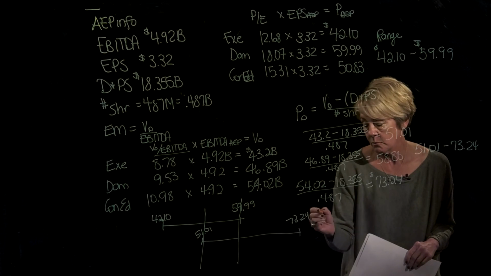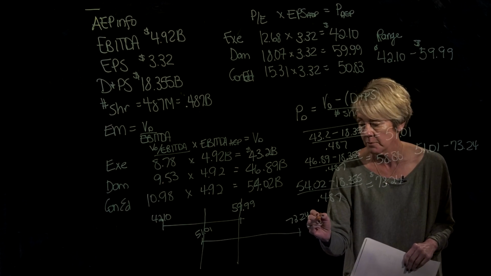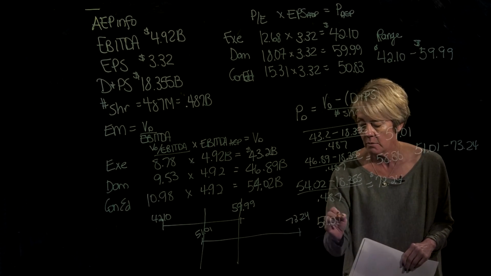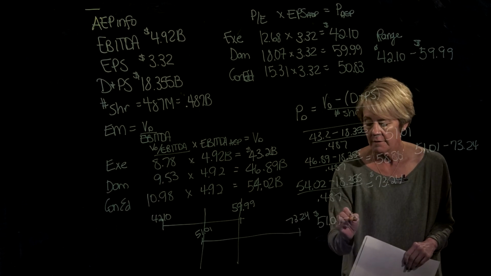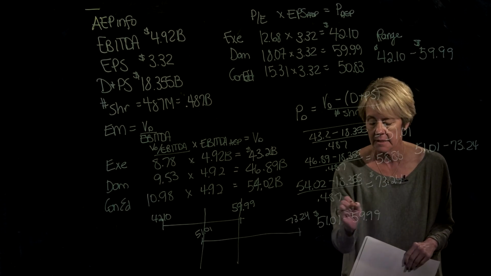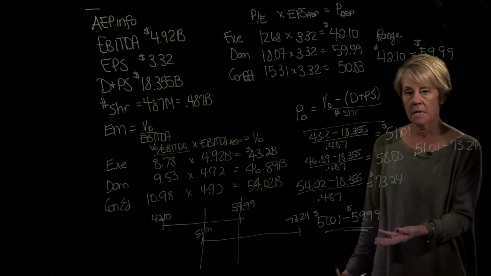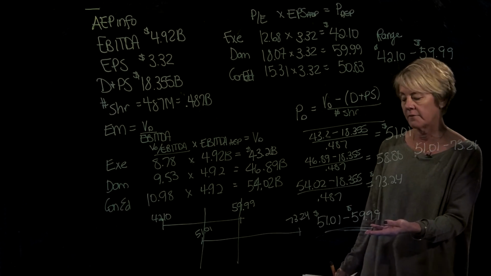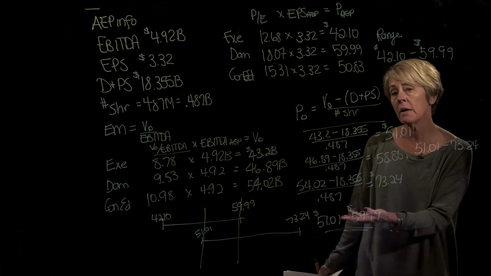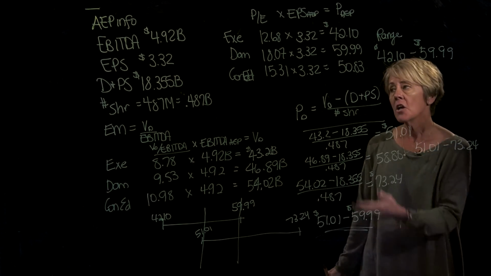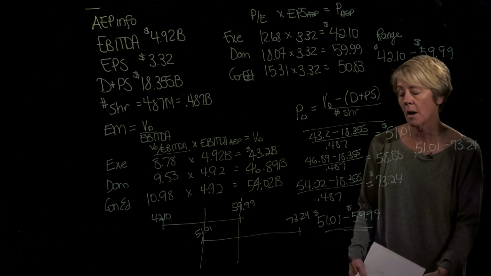So the range that's common between both of these multiples is 51.01 to $59.99. So this is where we would expect the price of AEP stock to be, between 51.01 and 59.99. Or that's what we are valuing the stock at using these two methods of comparables.